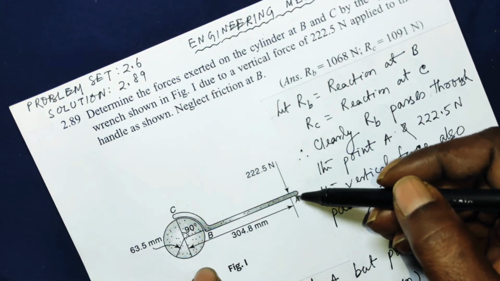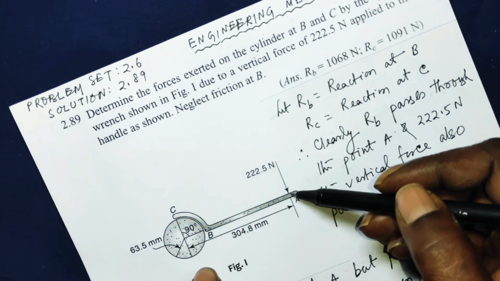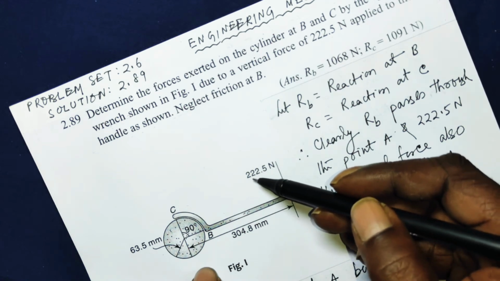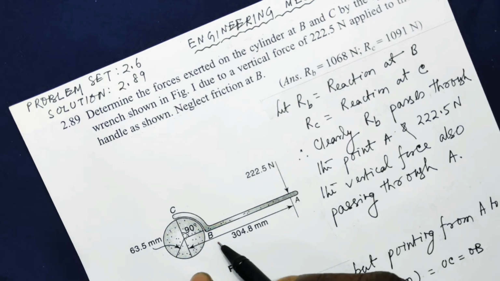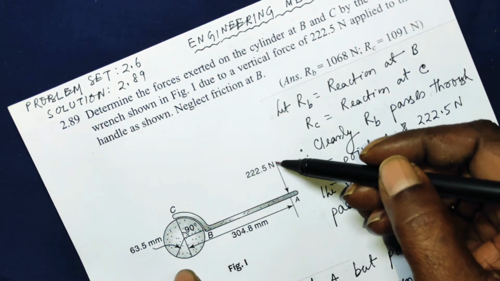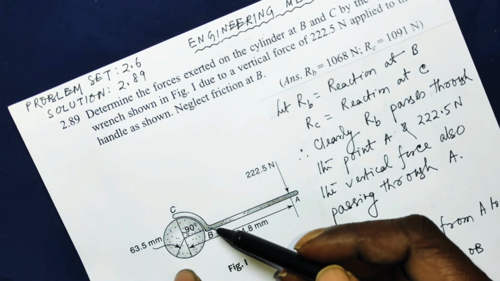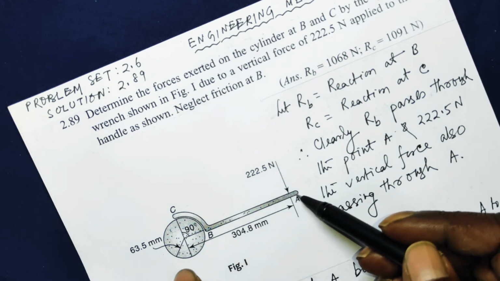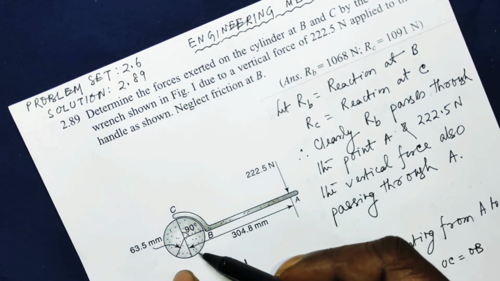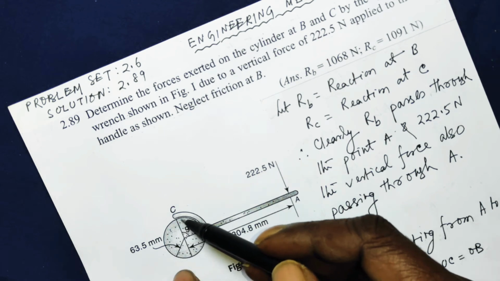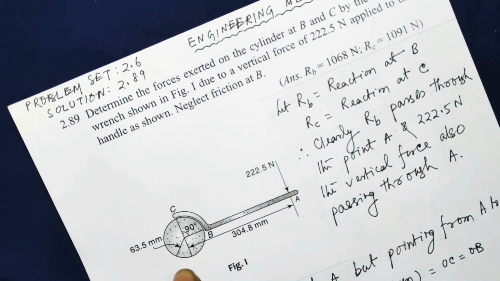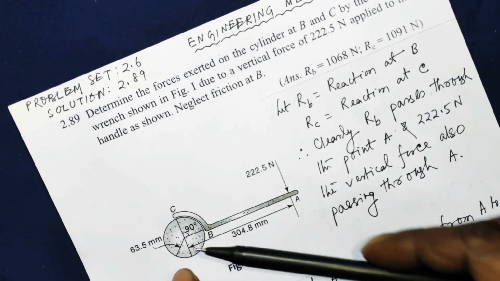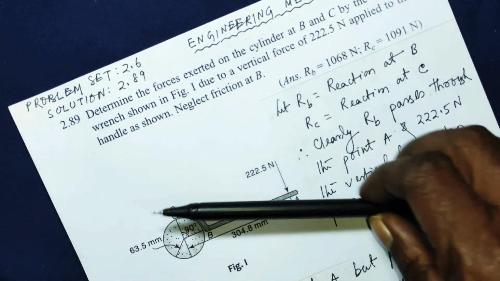Now to the handle here a vertical force of 222.5 Newton is applied. And what will happen if you apply this force? The spanner wrench ABC will try to rotate this cylinder in a clockwise direction like this.